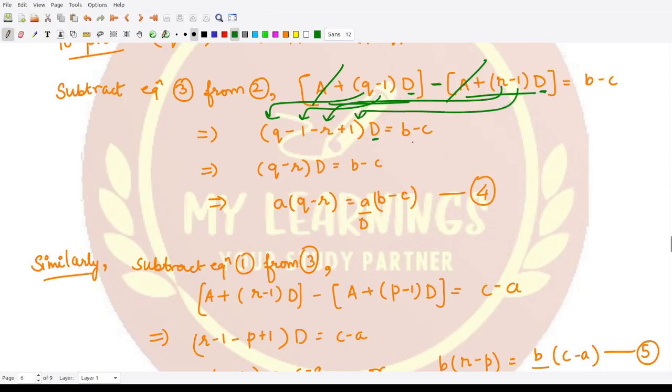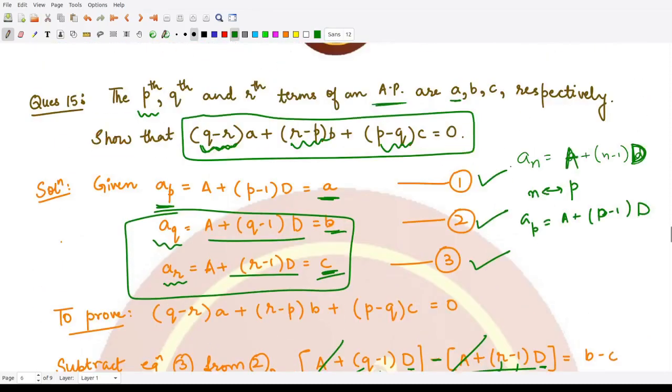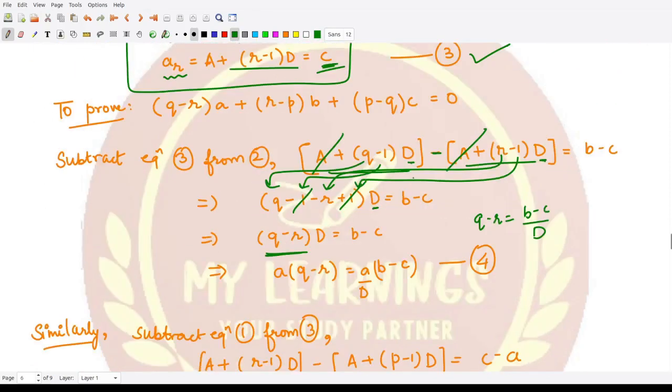This is equal to b minus c. This plus 1 and minus 1 get cancelled, so you have q minus r into D equals b minus c. What is the value of q minus r from here? It is b minus c upon D. When we want to prove this, we want a with this term, so we can multiply both sides with small a to get this. Once you have this, you can mark this as equation number 4.